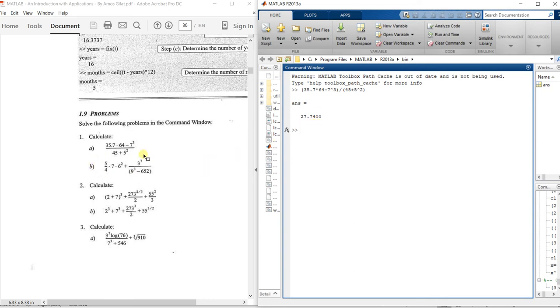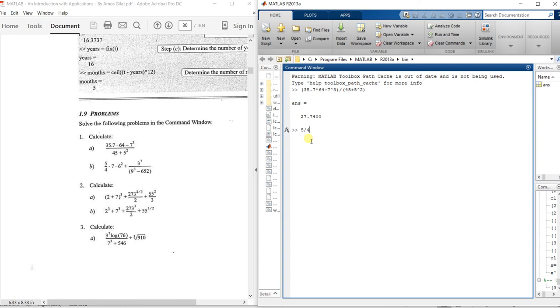Similarly we can find the second one. The second one has two fractions and we multiply with some other terms. So we use the fraction symbol. The first one is 5 by 4, 5 divided by 4.